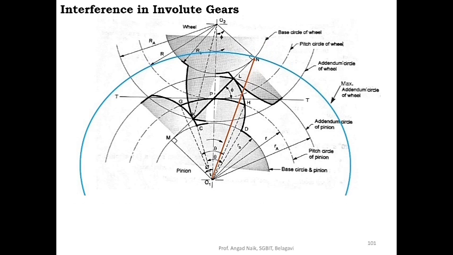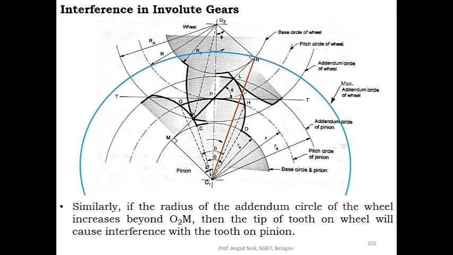Similarly, if the addendum circle of the wheel increases beyond O2M, then the tip of the tooth on the wheel will cause interference with the tooth on the pinion.